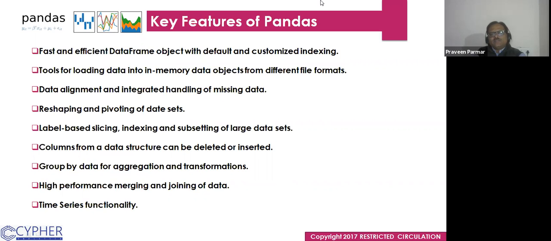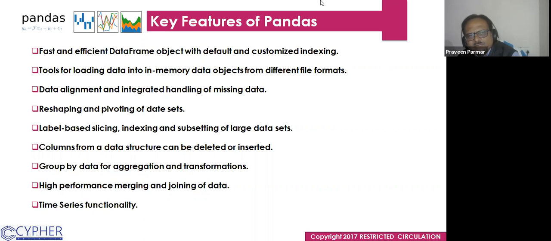Data alignments and integrated handling of missing data. Reshaping and pivoting the data set, just like we do the work in dplyr in R for data manipulation. All those sort of work for data manipulation we could do with Pandas here in Python.